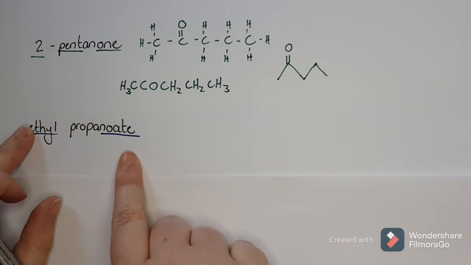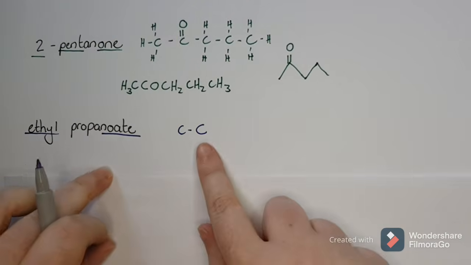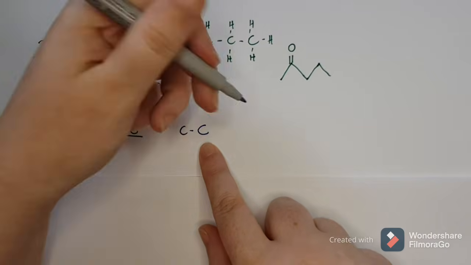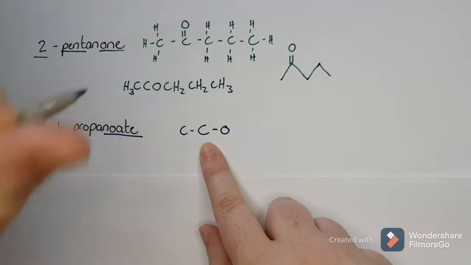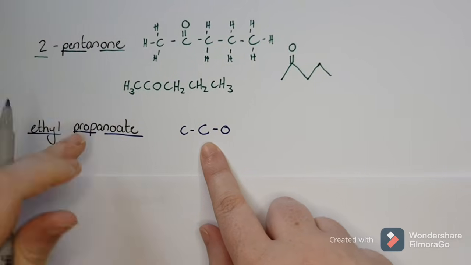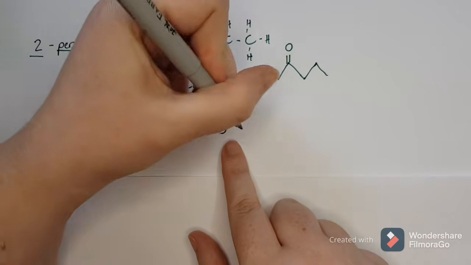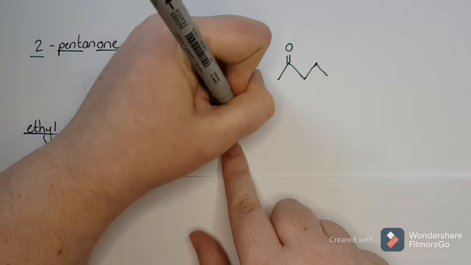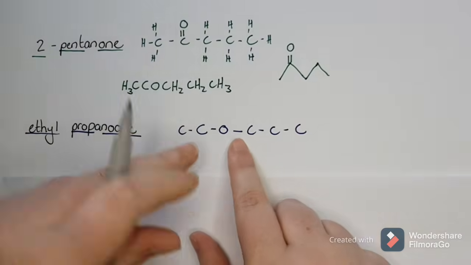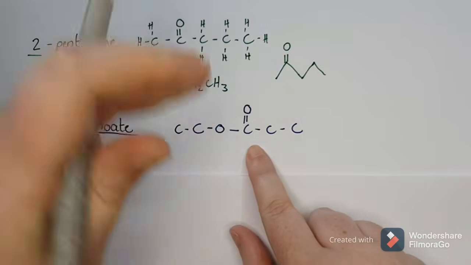Ethyl is 2 carbons, so I have 2 carbons that came from the alcohol, which always gives the O in the middle, and then I have propanoate, so 3 carbons coming from the carboxylic acid. So on the other side of the oxygen is my 3 carbons from the carboxylic acid, which had the double bonded oxygen.